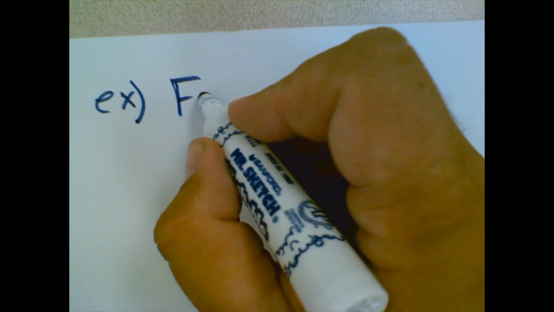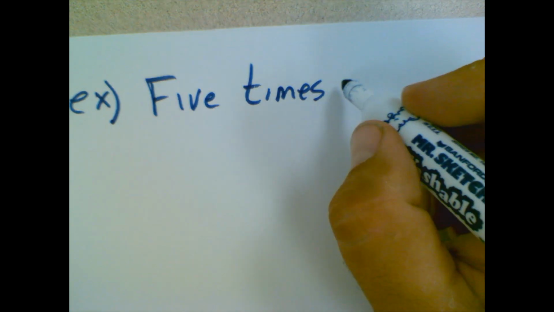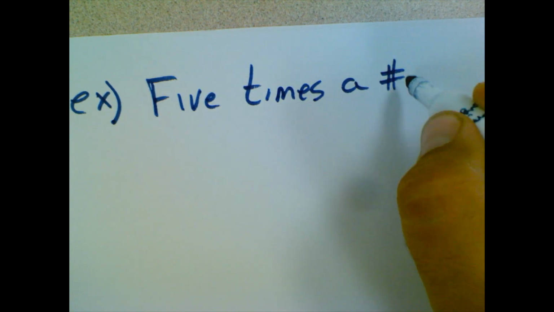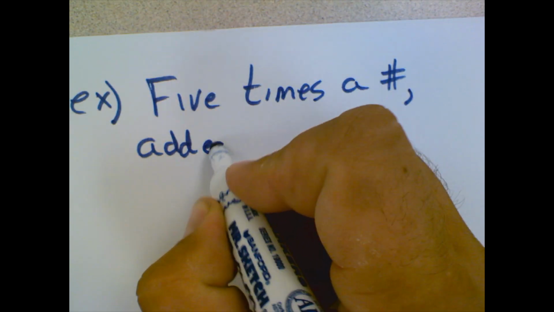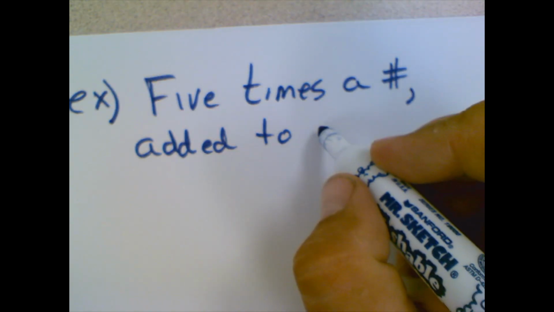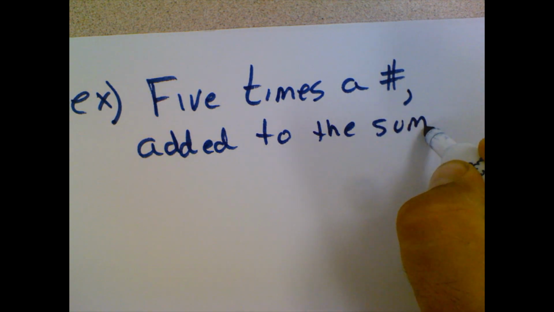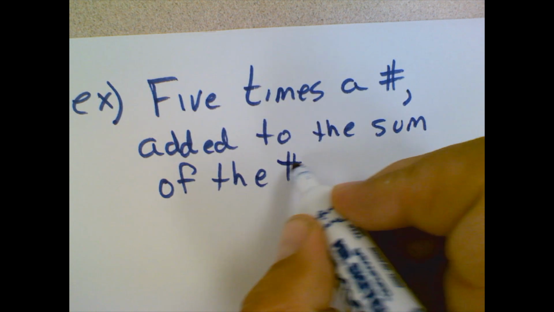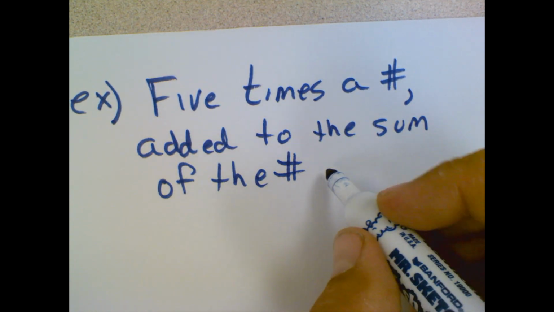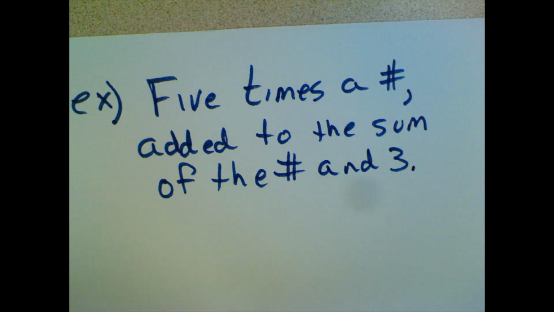So here's the problem. 5 times a number added to the sum of the number and 3. 5 times a number added to the sum of the number and 3.